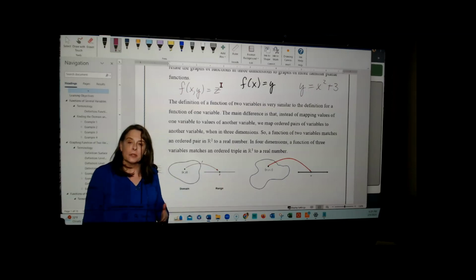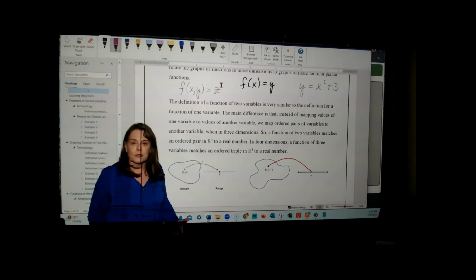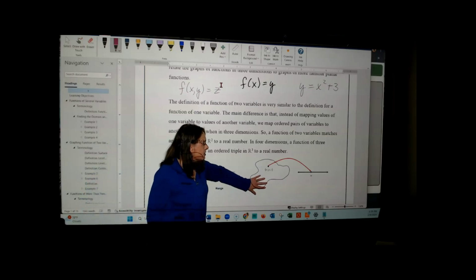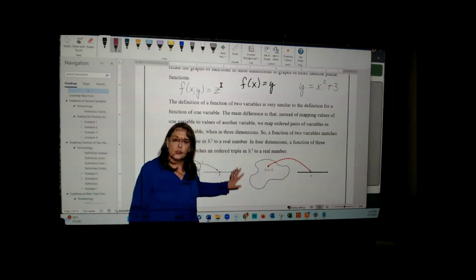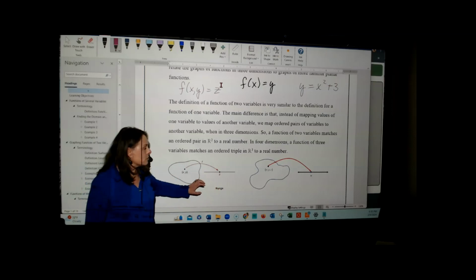It's very similar if we have a function of 3 independent variables. If we have a function of 3 independent variables, we actually end up in 4-dimensional space. Now, it's impossible to draw 4-dimensional space, but we can draw images called level surfaces, which we'll see later today. In this case, the domain is not the 2-dimensional space R2, as in a function of 2 variables, which exists in 3-dimensional space.